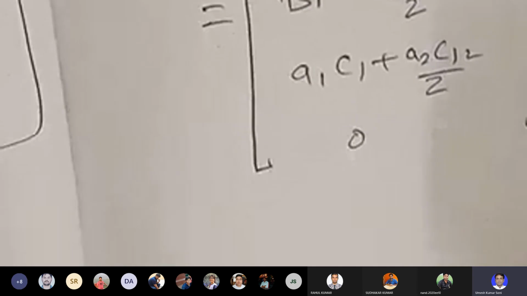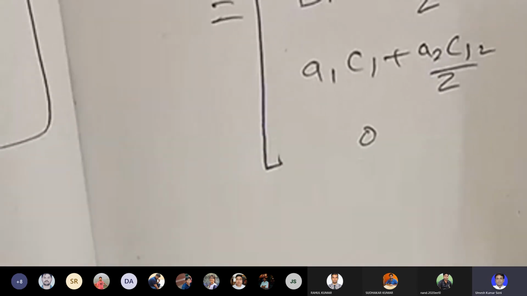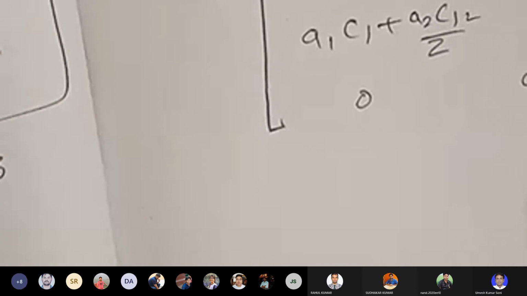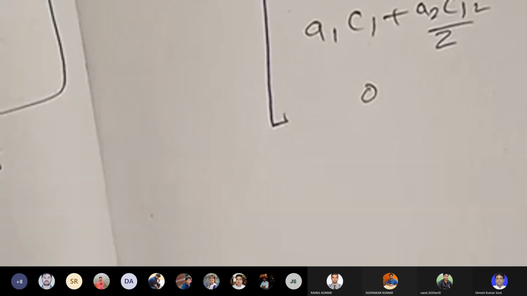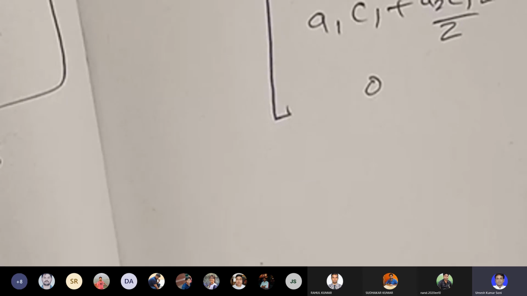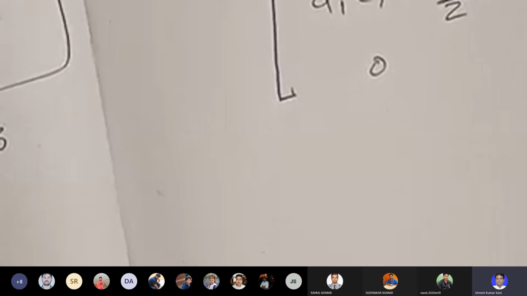And this is minus a1 s1 minus a2 s12 by 2. This is a2 s12 by 2. Okay, this is a1 c1 plus a2 c12 by 2, and this is a2 c12 by 2.